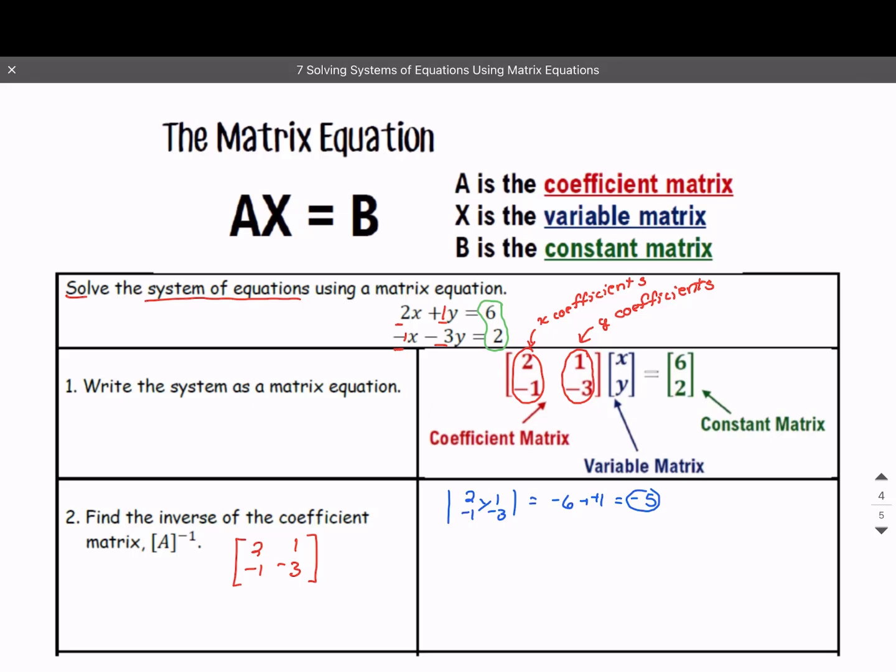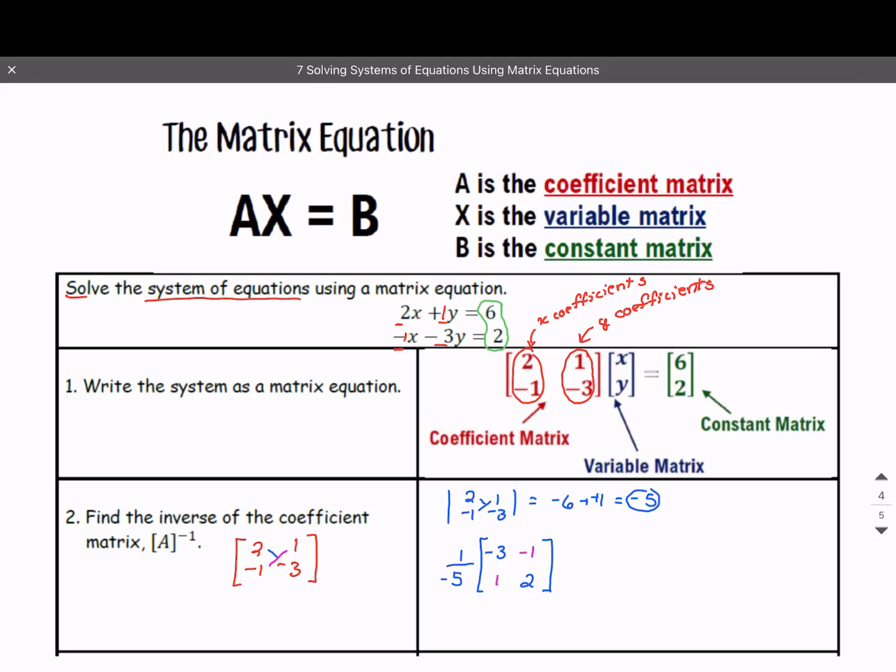Okay. Now for the inverse, it's 1 over negative 5. We keep the matrix. It's going to be a 2 by 2. But on this first diagonal, we switch the numbers, negative 3 and 2. And then on this other diagonal, we negate them and change the sign.